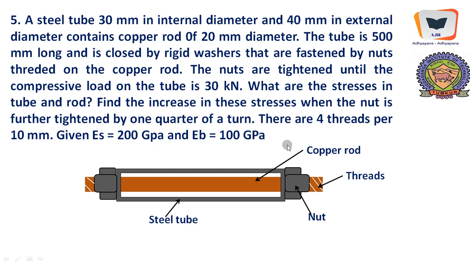Therefore the deformation that is given additionally is 1/4 of 2.5 millimeter. Whatever it comes to, that will subject the copper rod to huge tension, and the steel tube to huge compression. We will see how exactly this happens.